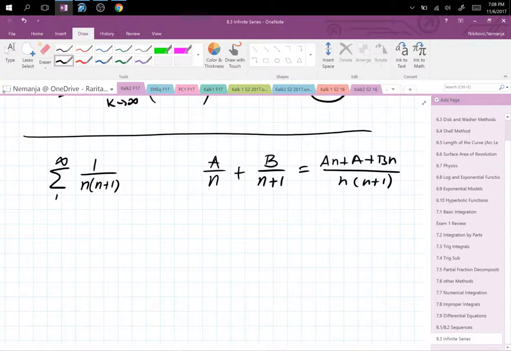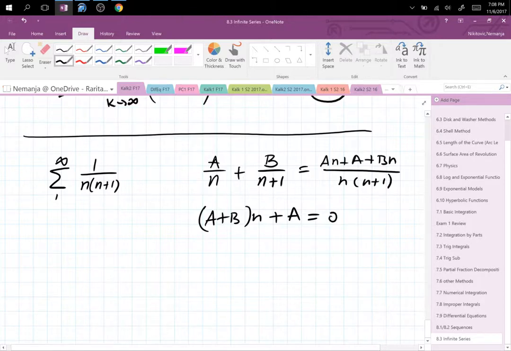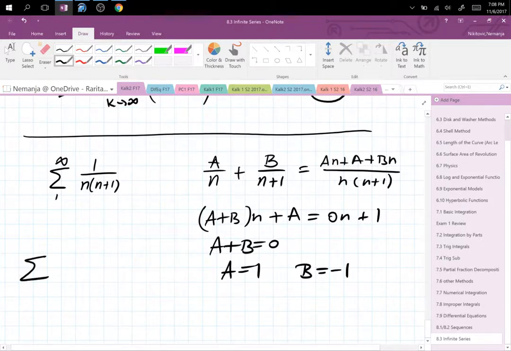All right, so we have a plus b n plus a equals 0n plus 1. So a plus b is 0, a is equal to 1, from where b must be negative 1 in order for them to add to 0, and this changes to 1 over n minus 1 over n plus 1.